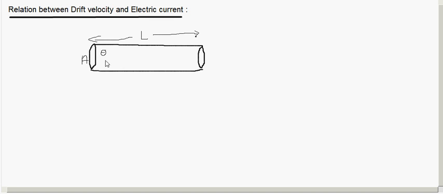Due to the electric field E, the electrons gain acceleration and they move with velocity v_d, that is called drift velocity. So let me say this is the drift velocity v_d.